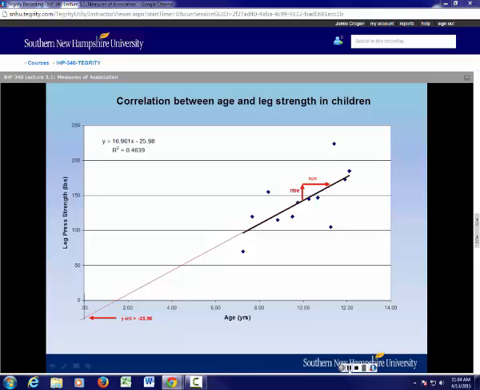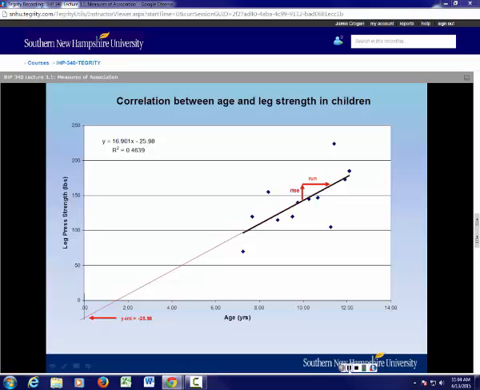And so I took a red line and I extended that line of best fit so you could see that indeed that line of best fit crosses the y-axis on the negative side, so it actually crosses exactly at negative 25.98. And then the steepness or the flatness of that line is the slope, rise over run, the change in y over the change in x.